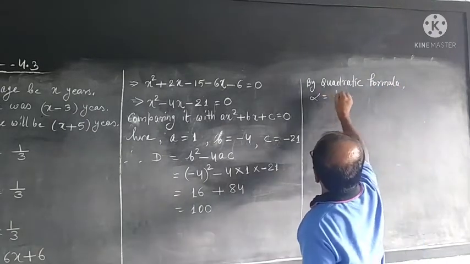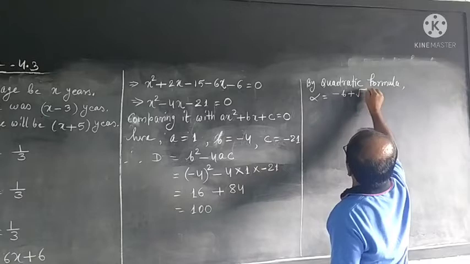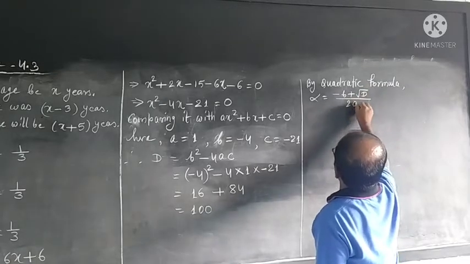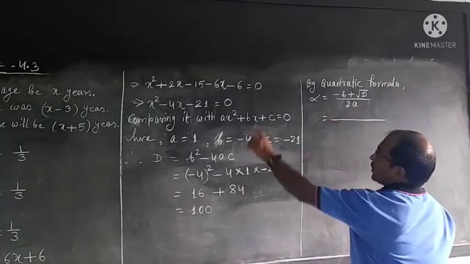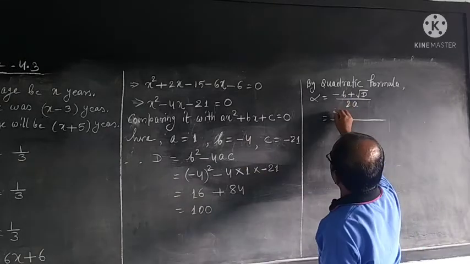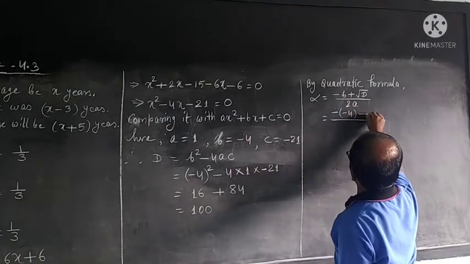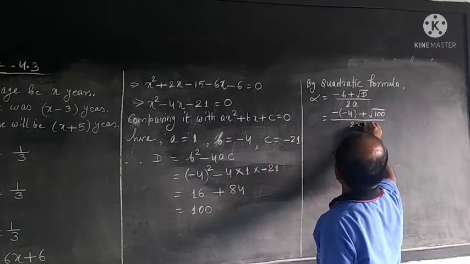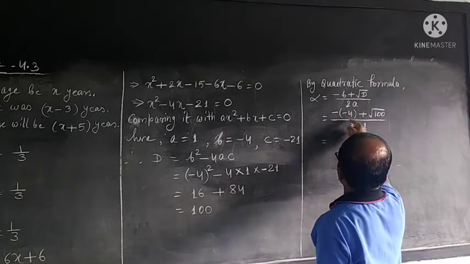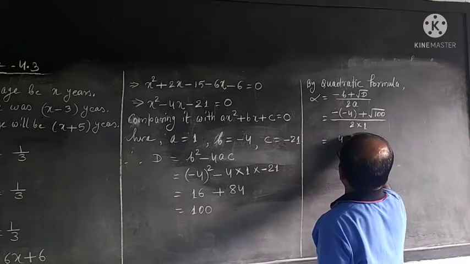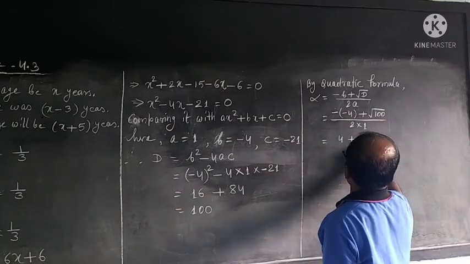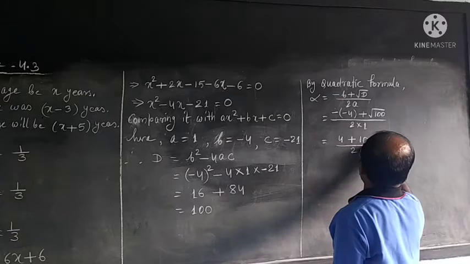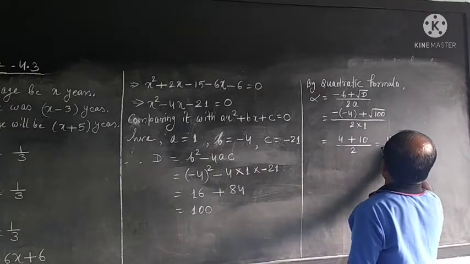Alpha, first root, is minus b plus root D by 2a. b is what? Minus 4, and it has one minus here also. So, minus minus 4 plus root D, which is 100, by 2 into a, which is 1. So, minus minus becomes plus 4 plus root 100, 10, by 2, we get what? 14 by 2.